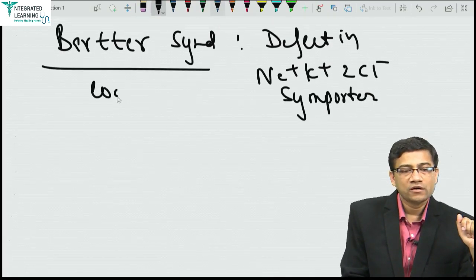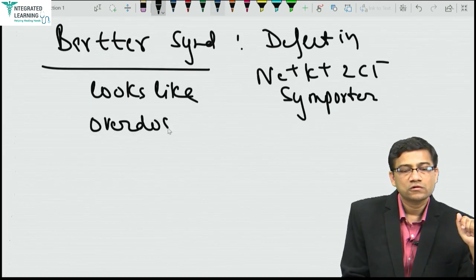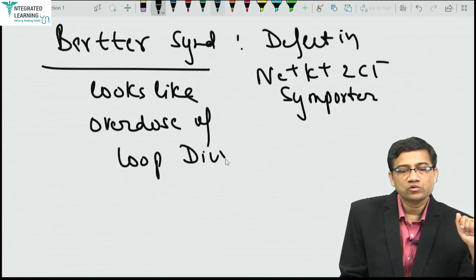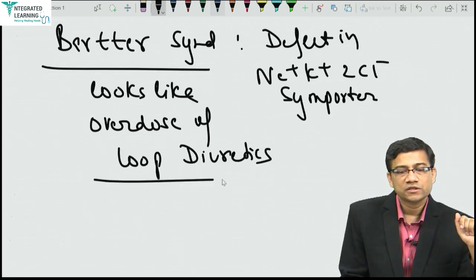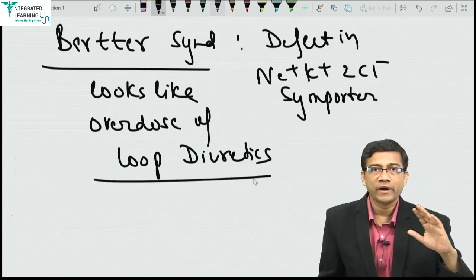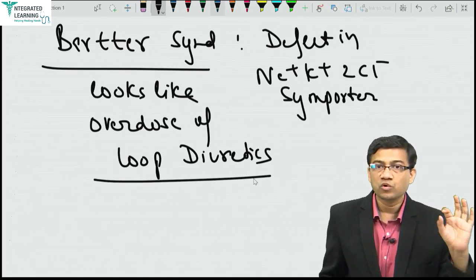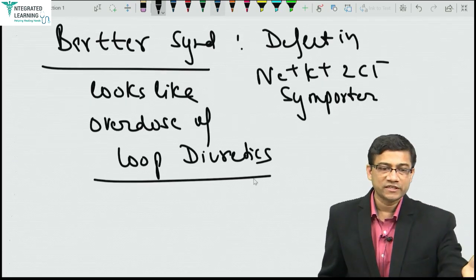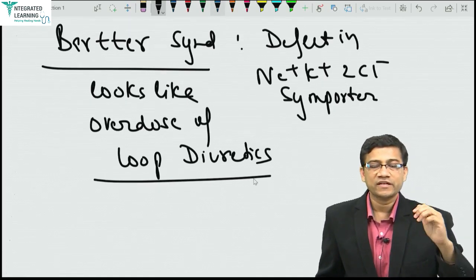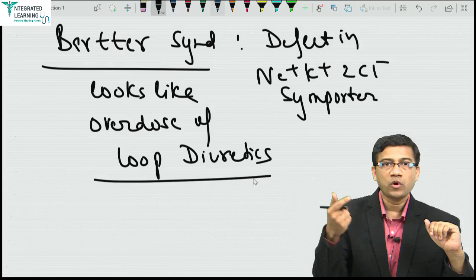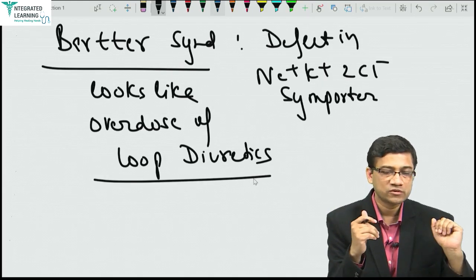It looks like an overdose of loop diuretics. Very interesting. So what condition resembles loop diuretics? Bartter syndrome. So loop diuretics and Bartter are almost the same. It is a disease pathology where there is a defect in the symporter, whereas with diuretics we are blocking it by giving drugs. Okay, fine.